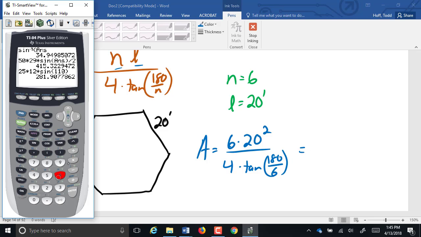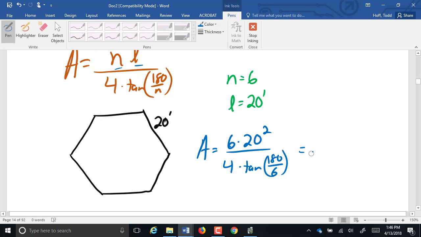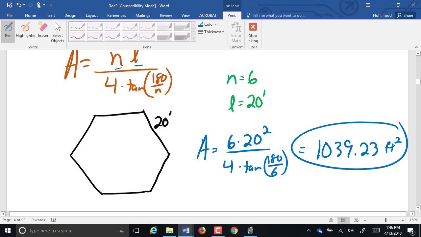So to punch this in the calculator: 6 times 20 squared divided by, got to put this in parentheses now, 4 times tangent 180 divided by 6. Close the parentheses for the tangent, then close the parentheses for this one here. Hit enter. 1,039.23. And that's going to be in square feet. What do you think? Not bad?